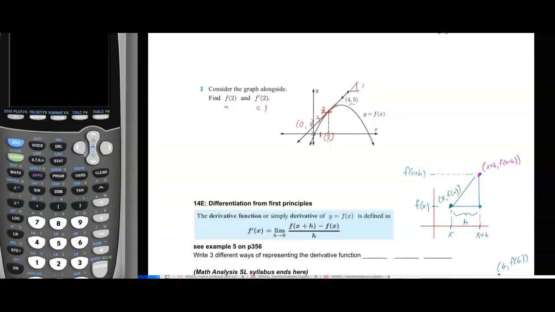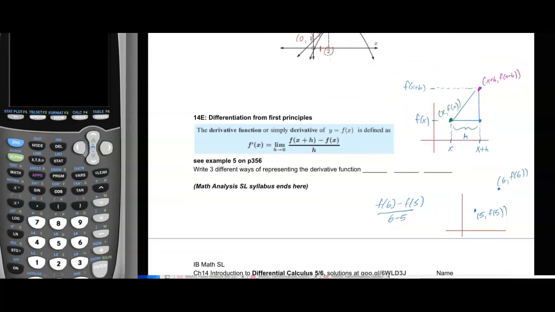Okay? Okay. All right, now let's go down to the last definition.